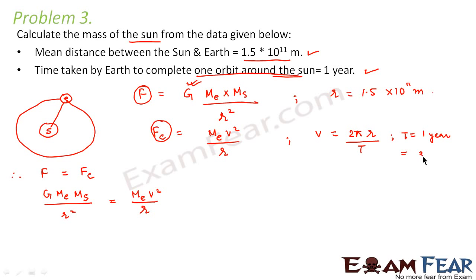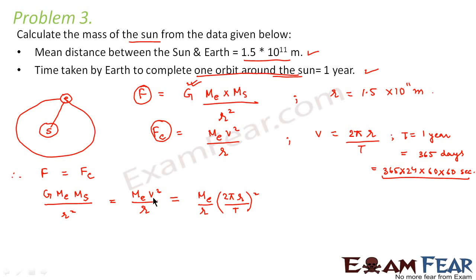Now 1 year means 365 days. 365 days would mean 365 into 24 hours. This would mean 365 into 24 into 60 minutes into 60 seconds. So 1 year would mean these many seconds. Now we will use these values in this equation. Therefore, we can write this as me into 2 pi r by t whole square, divided by r. Now we will put the values.